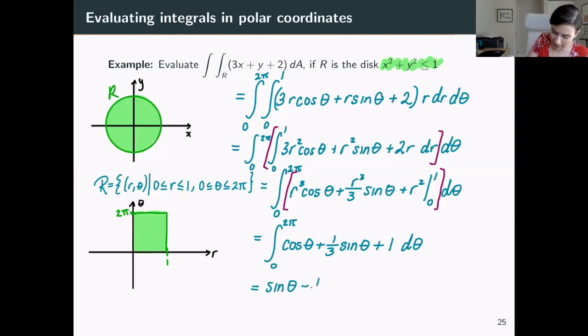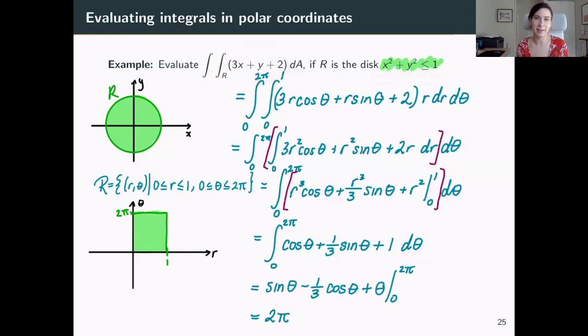We'll get a minus 1 over 3 cosine theta, and the antiderivative of 1 with respect to theta is plus a theta, which we're evaluating from 0 to 2 pi. Evaluating this from 0 to 2 pi will give us a final result of 2 pi as the volume underneath this surface on the disk given here.